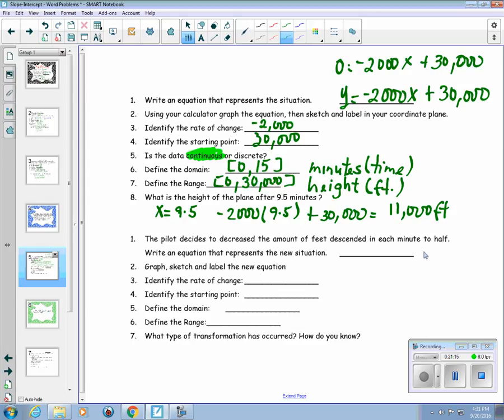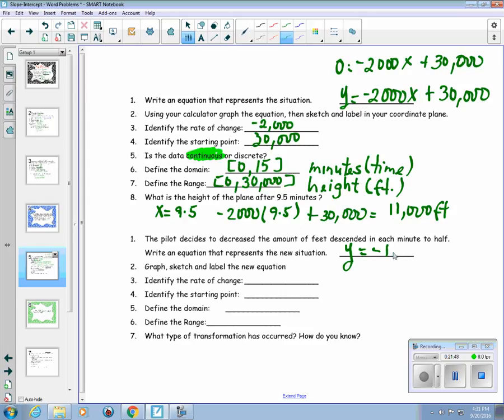All right. The pilot decides to decrease the amount of feet descended in each minute to half. What's the new equation? They decrease the amount of descent each minute to half the feet.